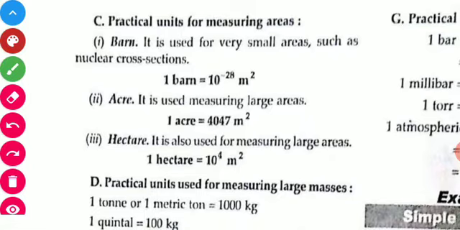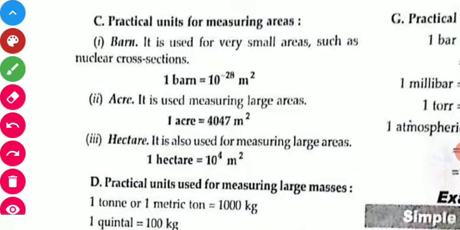When we talk about farms, large areas, then we use the acre. And we also have another unit for large areas, that unit is hectare. So these are basically the three practical units of area.